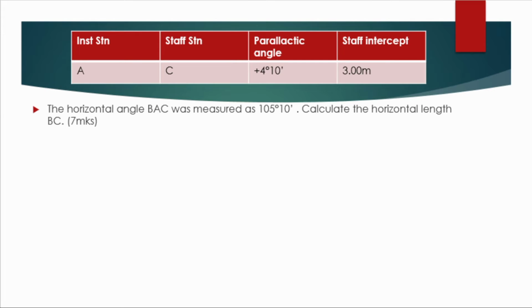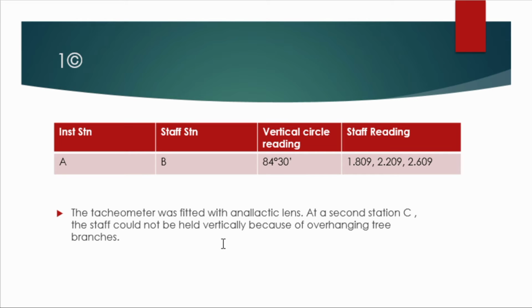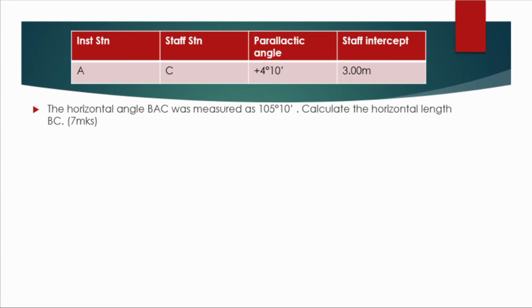So this question, I'm not sure how people did it. In most cases we had learners who, because we were told here the staff could not be held vertically because of overhanging trees, went ahead and used the formula where the staff is not vertical.